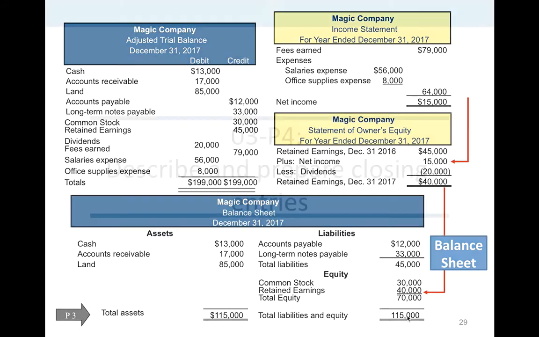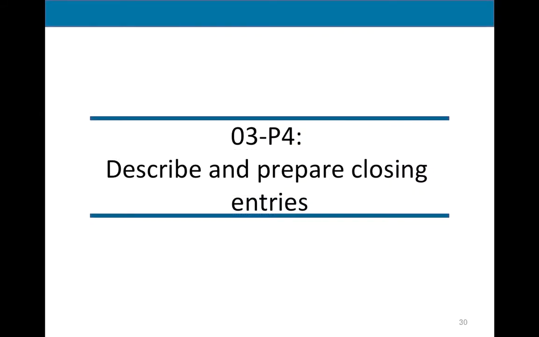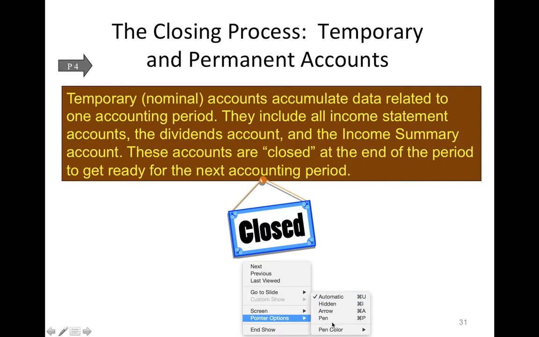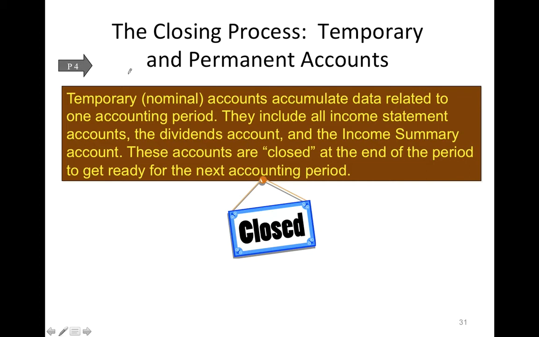Okay. Next step, after you prepared financial statements, we're still not done. We have to get rid of temporary accounts. To do so, we're going to make 4 journal entries. So all of the accounts, I'm going to write down right here our fundamental accounting equation. The short version is assets equals liabilities plus stockholders' equity.